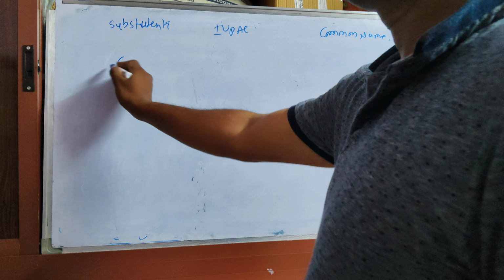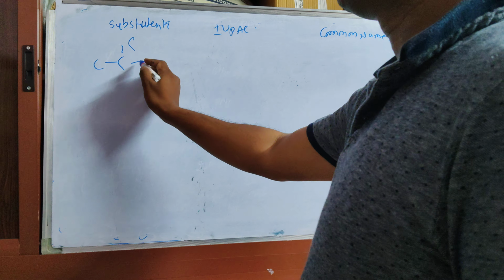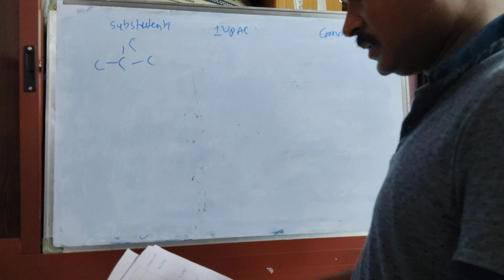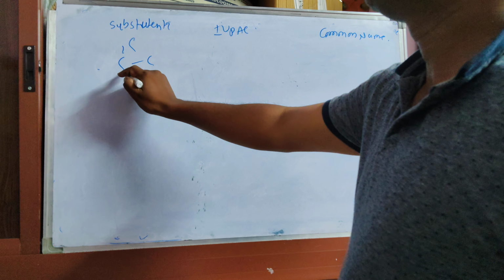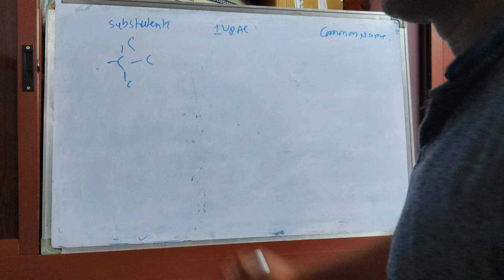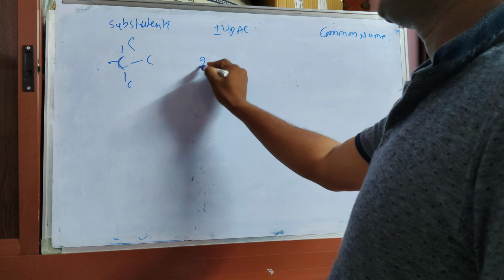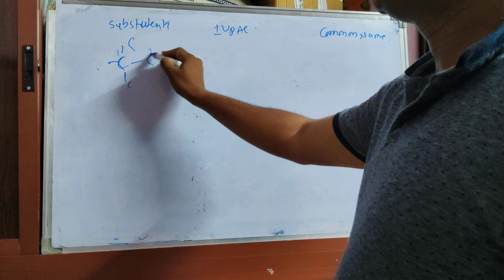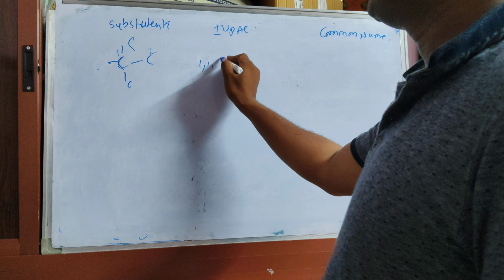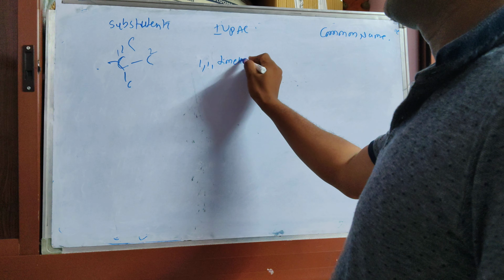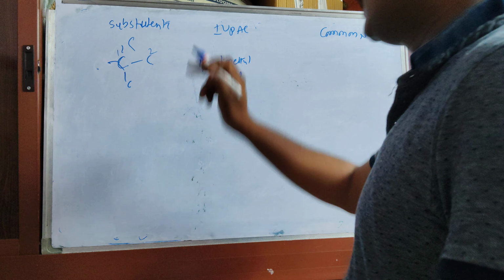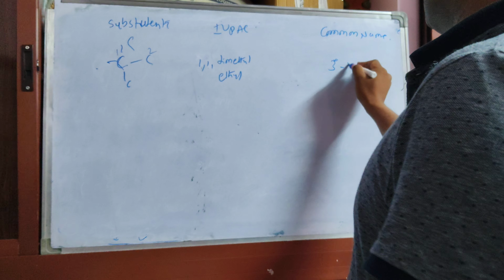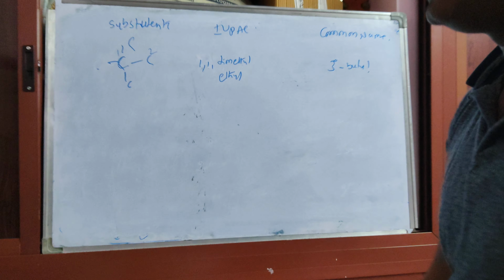If you take this, what is this one? 1, 2. 1,1-dimethyl ethyl. This is the tertiary butyl. This is known as tertiary butyl.